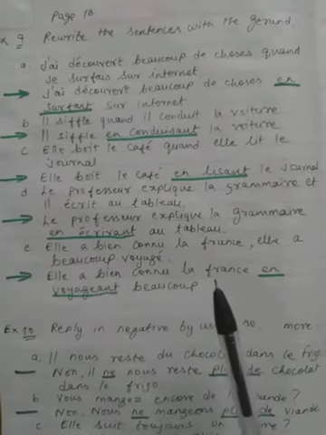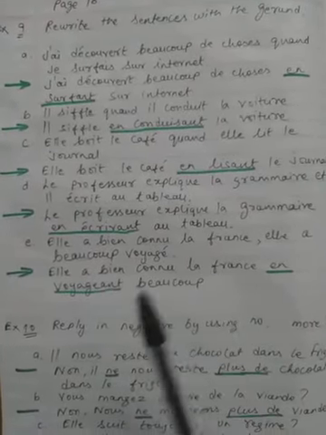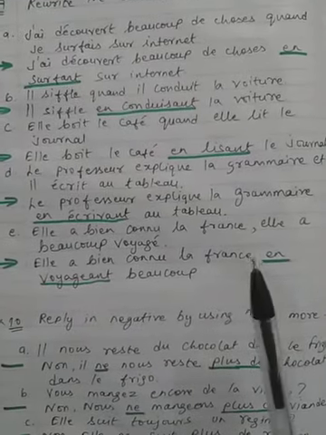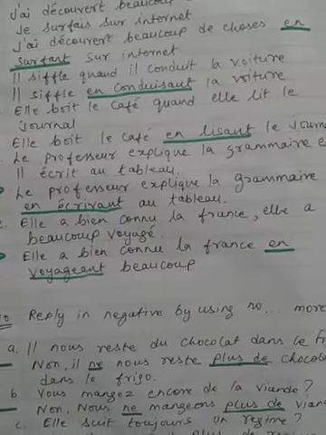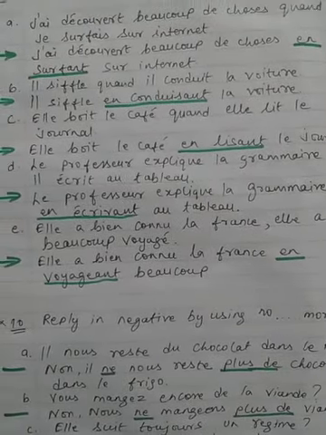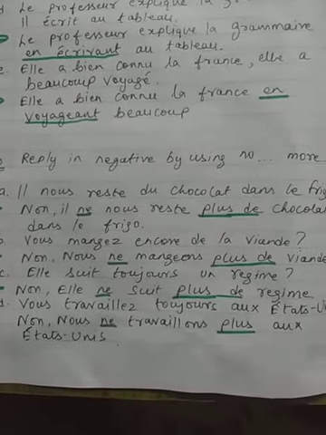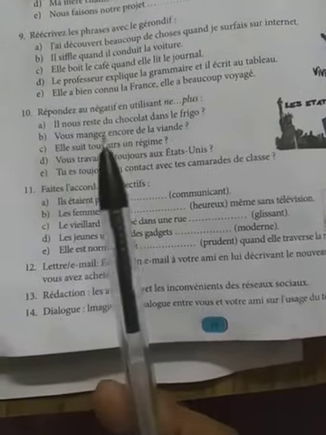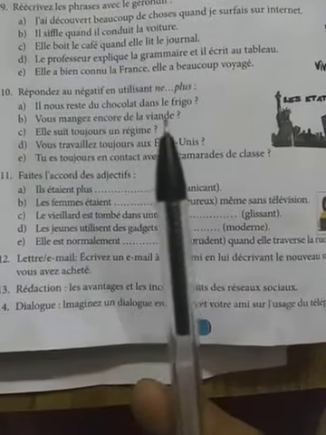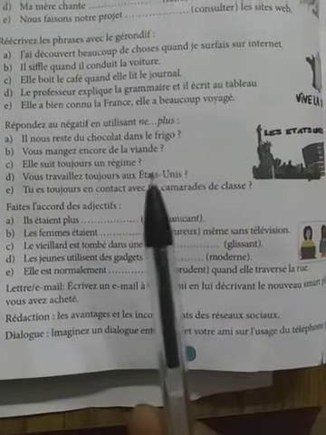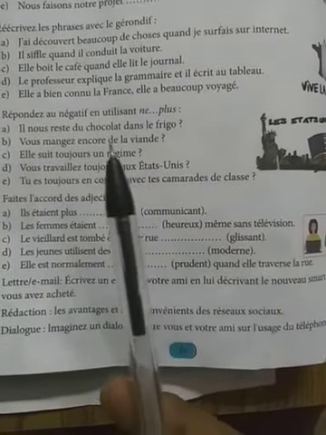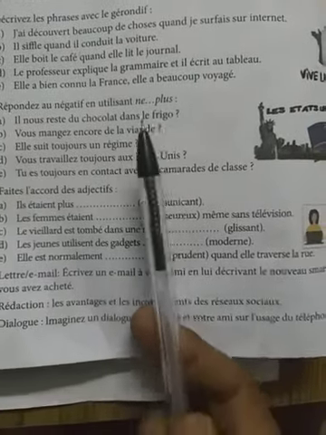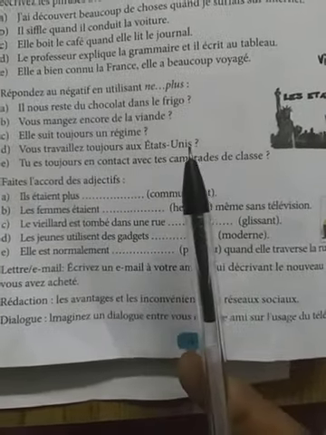Ninth grammar exercise. Rewrite the sentences given, two separate sentences, making a single one using the gerund form. Now the next grammar exercise, the 10th one. Répondez au négatif en utilisant ne plus. Reply in negative form by using ne plus, no more.